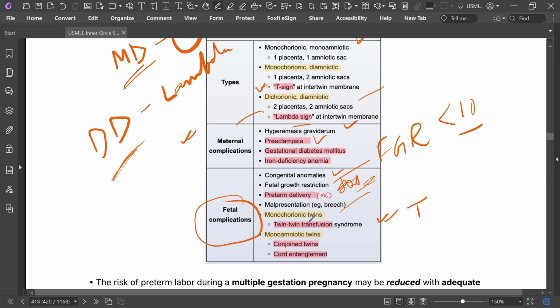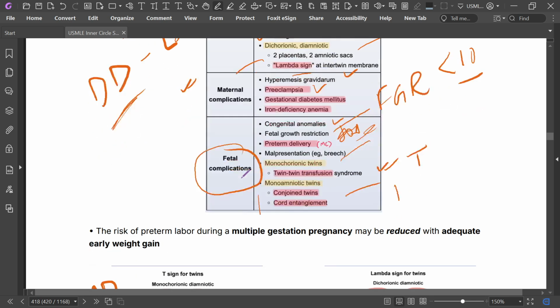And in monochorionic, monoamniotic, that means single placenta and one amniotic cavity, there is conjoined twin and cord entanglement.